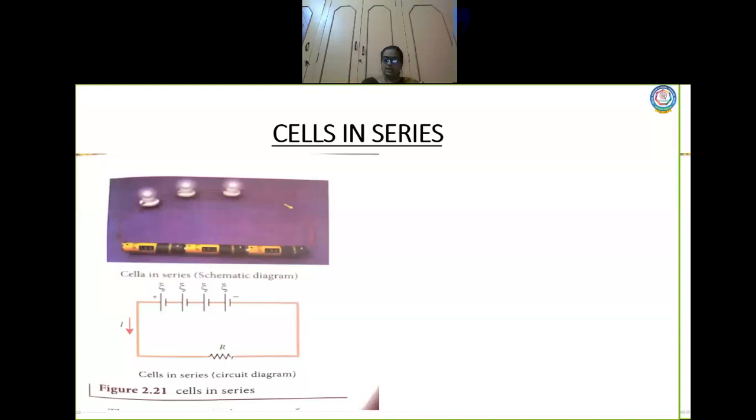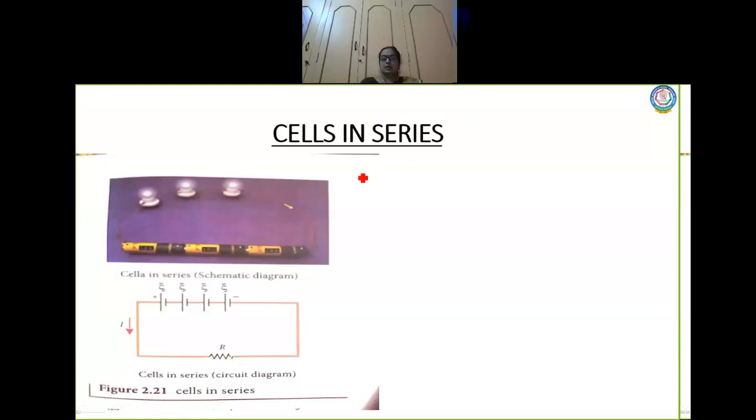Each cell has an EMF of psi, and the internal resistance is small r. They are connected in series and connected to an external resistance. This is what the diagram is.